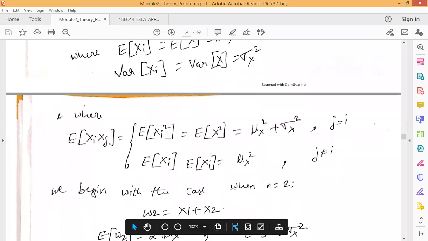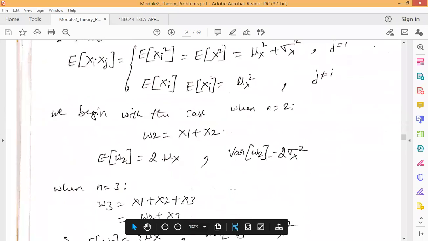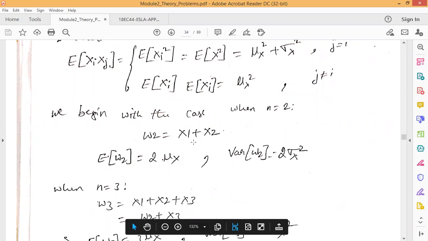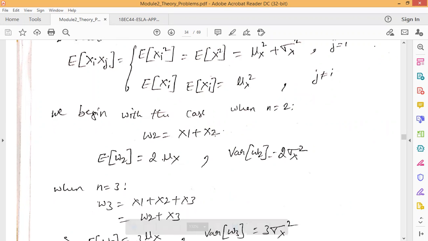Now we can consider the case where n takes the value 2. Here we'll be considering two possible observations, designated as x1 and x2. When you add these two independent random variables, the new outcome can be designated as W2 is equal to x1 plus x2.